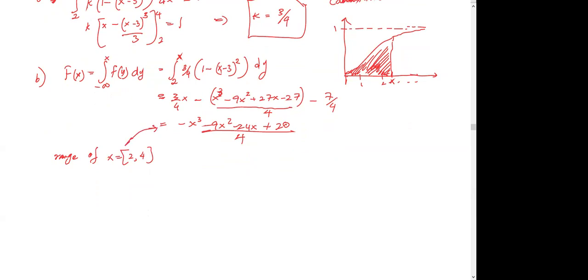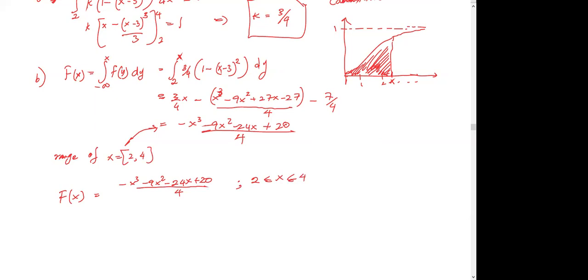So the cumulative distribution F(x) is negative x cubed minus 9x squared minus 24x plus 20 over 4, for x between 2 and 4.